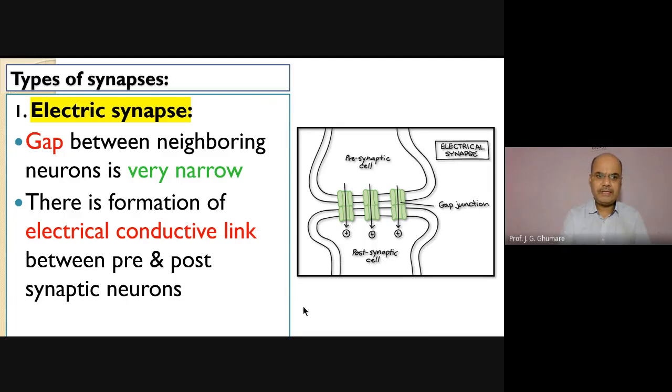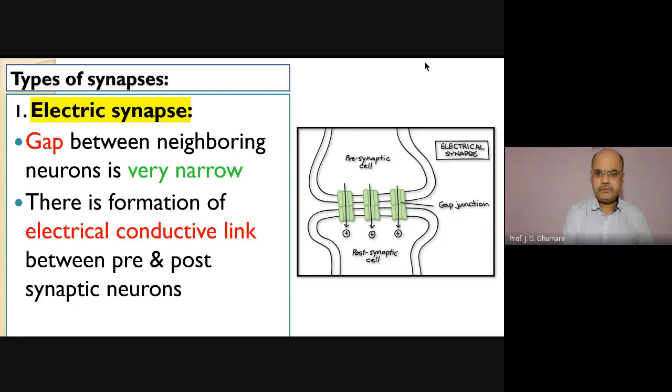The first type is called an electrical synapse, and the second one is called a chemical synapse. One by one, we'll discuss the structure and how the transmission of impulse takes place. First we'll discuss the electrical synapse. Here I'm showing the diagrammatic representation of an electrical synapse. Any synapse will have three structures in it.